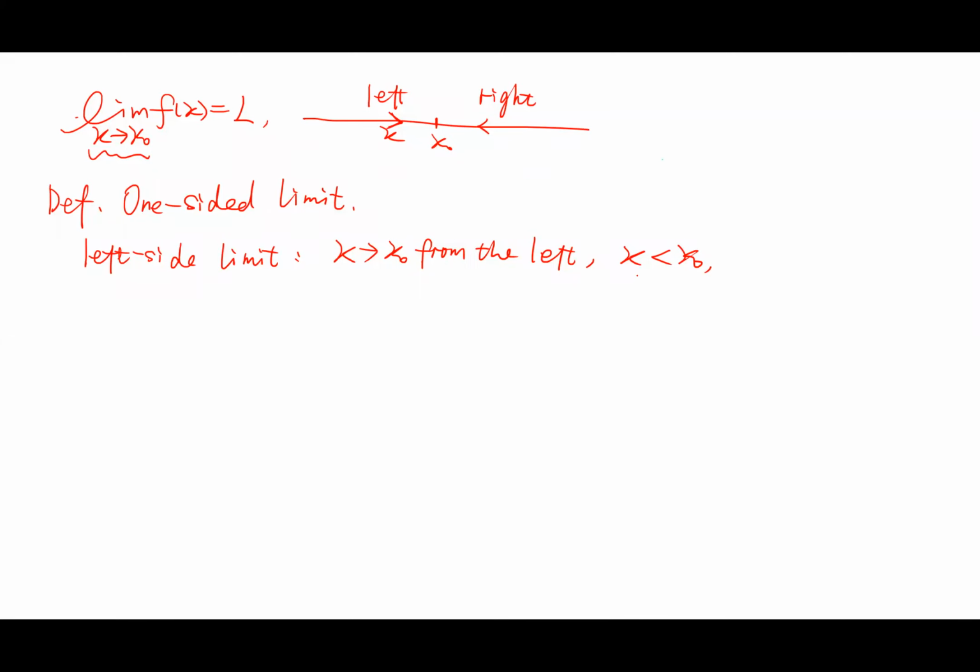So when x is smaller than x0 and x approaches x0 from the left side, we can write the left side limit this way: x approaches x0, and here a minus sign at the power, and then the function f(x). And if the limit exists, we can write it down as L here.